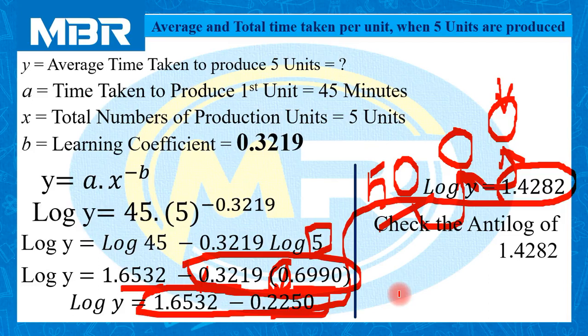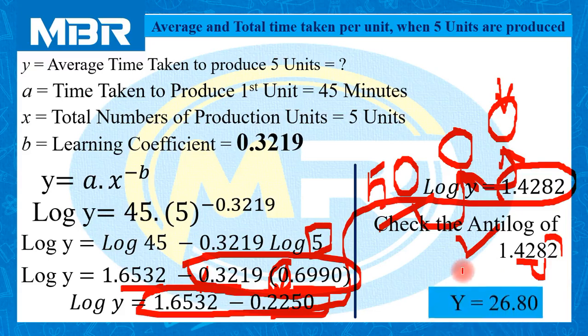In order to conclude, we need to check the antilog of 1.4282. It means we need to check the antilog of 42 into 8, and mean difference is 2. Check the value in antilog and you will get the result as 2680.